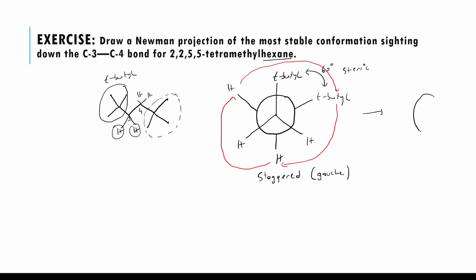Again, we have to draw a circle and we have to draw the center. Center is the front carbon. So I didn't rotate the front carbon. So the front carbon should be stationary. So we have t-butyl pointing up, hydrogen and hydrogen. Now this t-butyl should move all the way here.